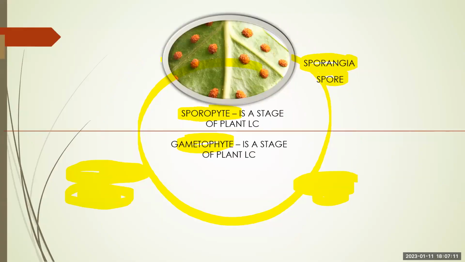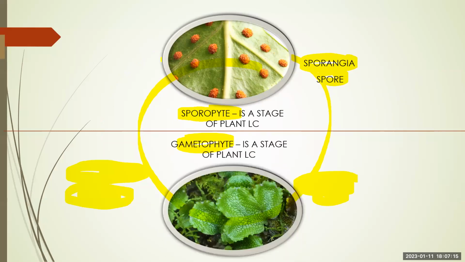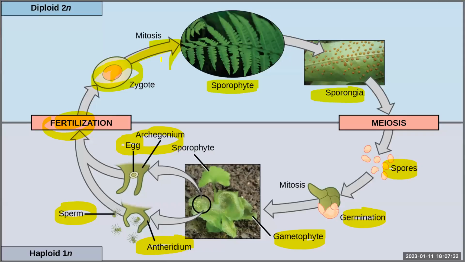We learn this again and again because this is very important for understanding the life cycle of many plants. When you hear it again and again, I think the words are getting more familiar now. Sporophyte, sporangia, spore. Then spores produce gametangia, gametangia produce gametes, antheridia and archegonia produce sperm and egg cells, which fertilize to make the zygote.